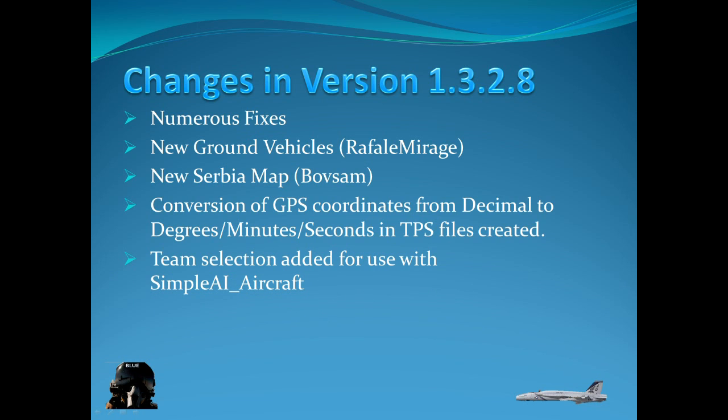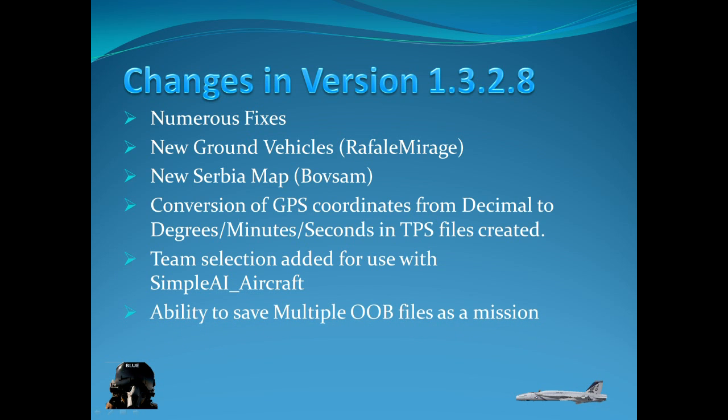So if you watch the TPS video and you know how the simple AI aircraft are configured in the file, the latest TacPack as of now, the 1.4, it escapes me, but the current TacPack that supports a simple AI aircraft team selection was added. And with that, the CCP now supports that feature and allows you to select a team.